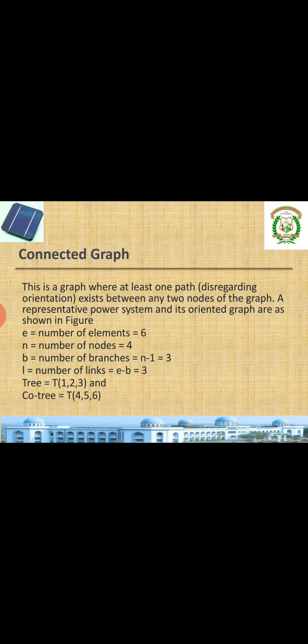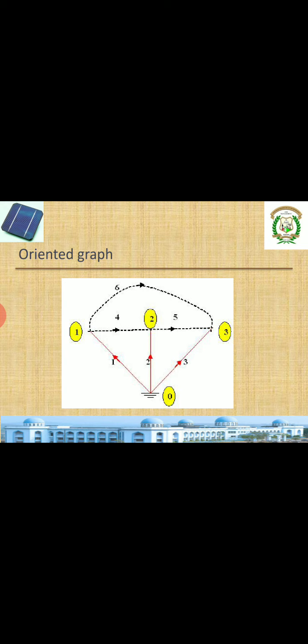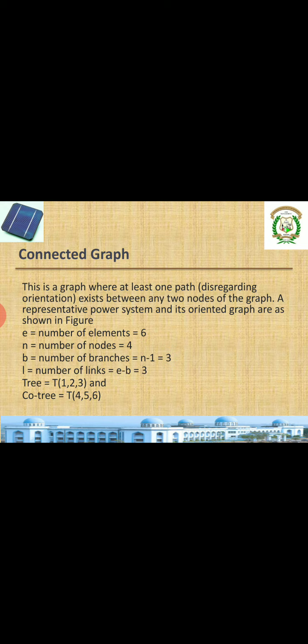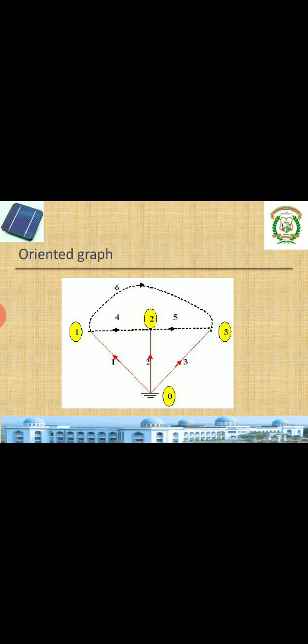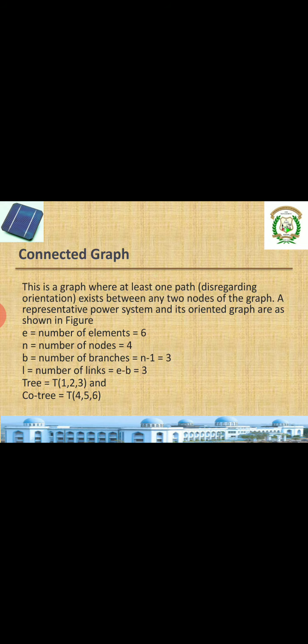A representative power system and its oriented graph are shown in the previous figure, from where we can take E equal to the number of elements. See here, 1, 2, 3, 4, 5, 6. 6 elements are there. Same thing I have taken here, E is equal to 6. N is taken as the number of nodes, which is 4. See, 1, 2, 3, and one other is the reference node 0. So totally there are 4 nodes.